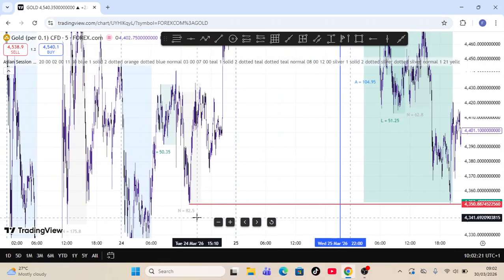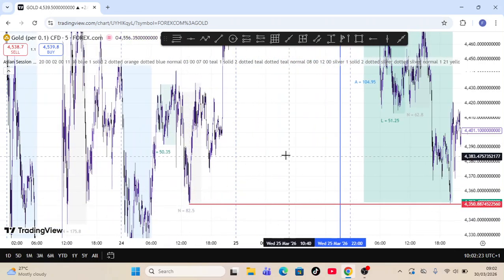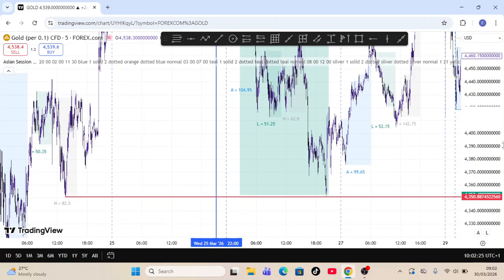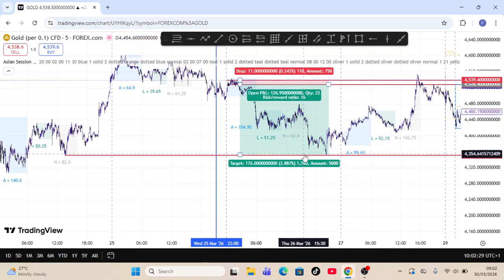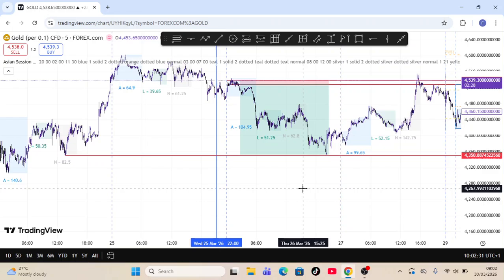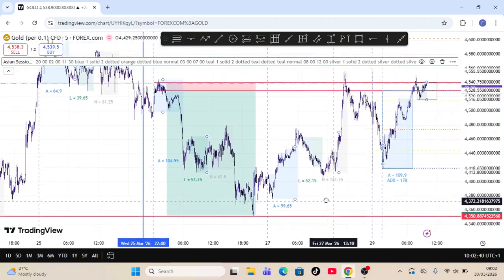And if I was patient to target the New York low, I would have been having 1 is to 16 risk to reward with this simple trade.